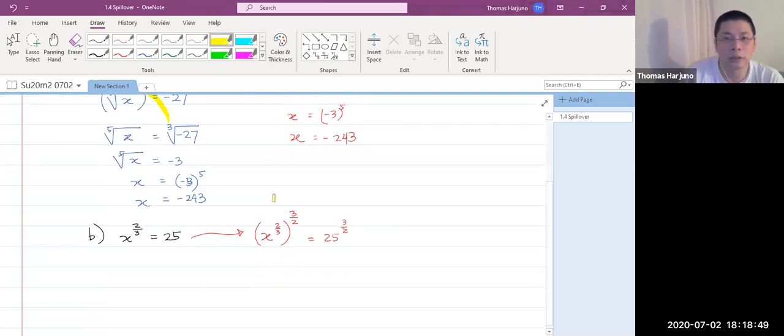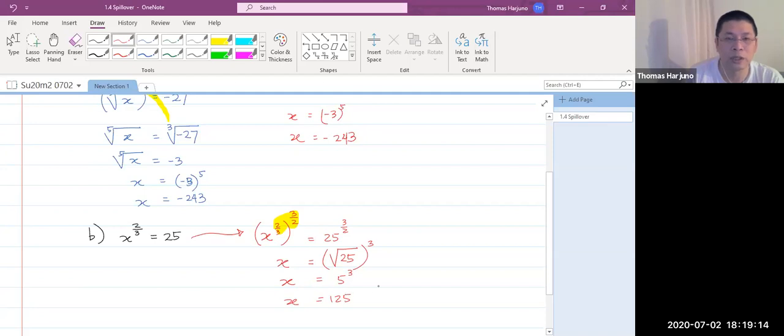Well, we cancel this, so we get only x, right? Now then, the square root of 25, take it to the power of 3. So this will be 5 to the power of 3. This is 125.